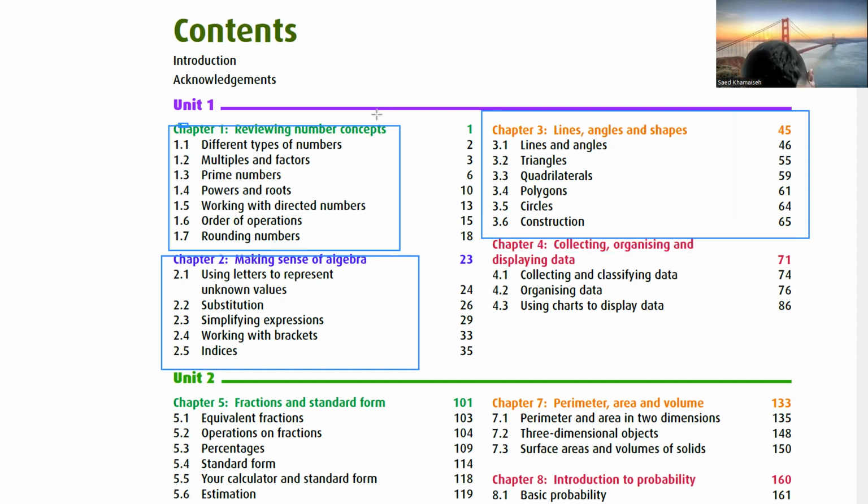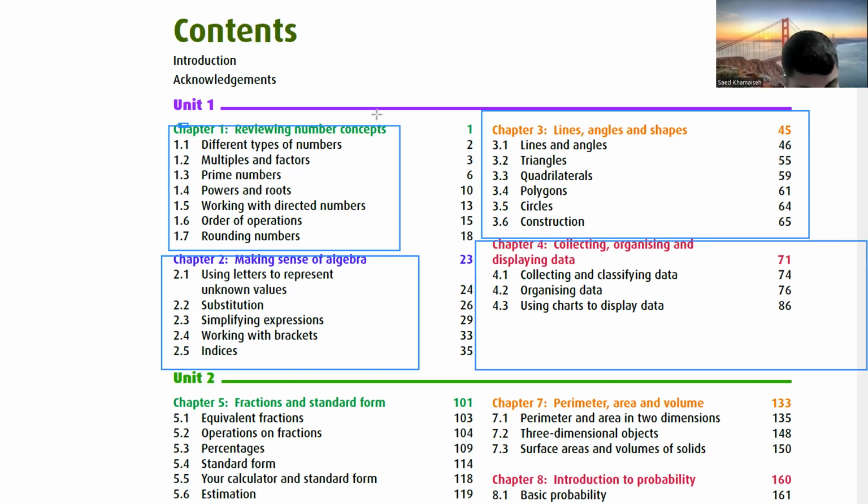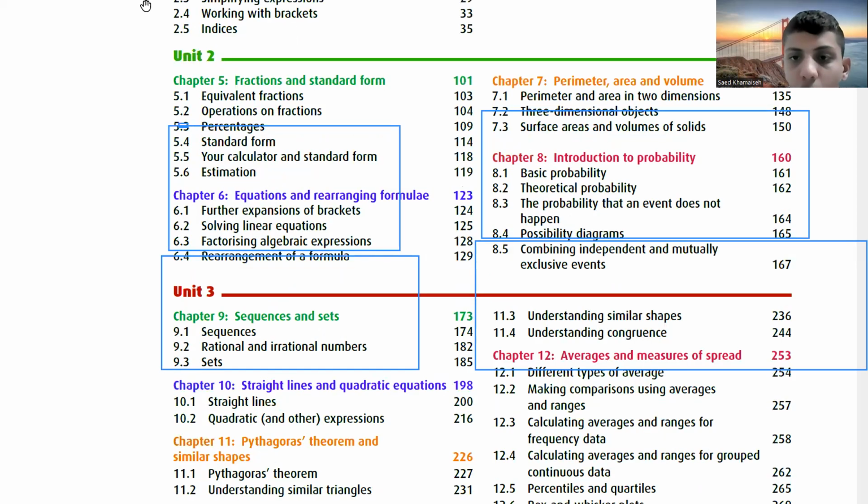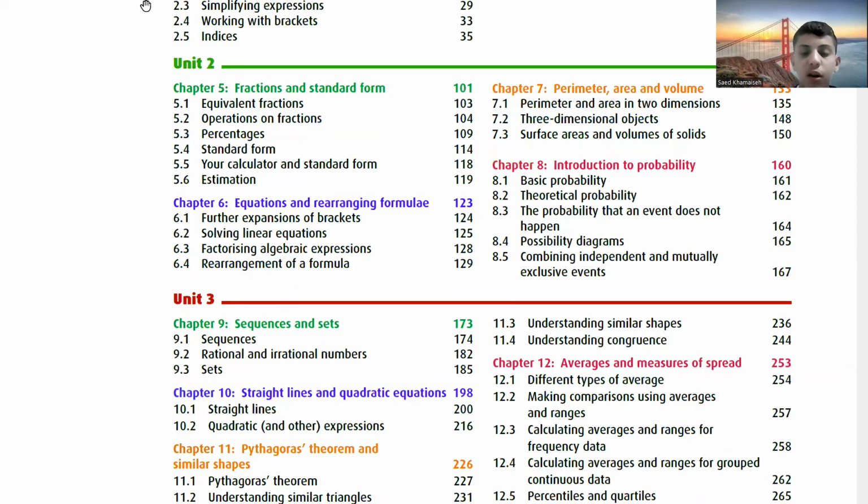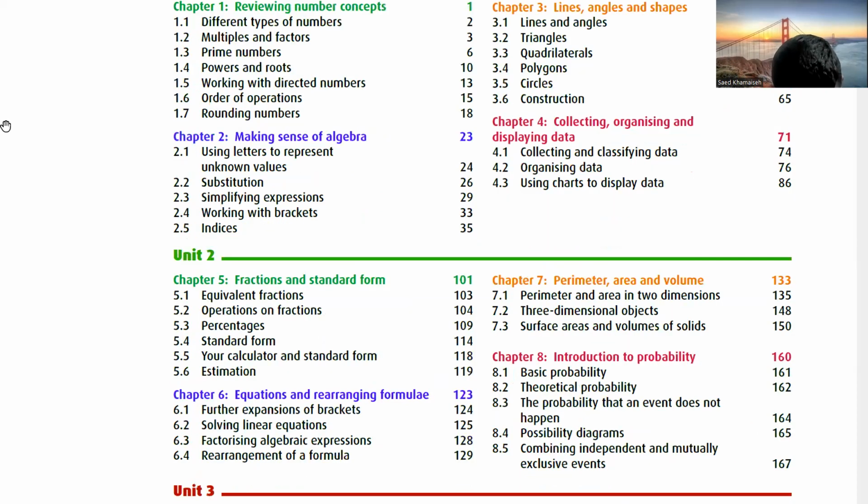We see the important things in each chapter which should be taught before the other. Okay? That is about the first 4. Then the next 4 will also include chapter 5 about fractions.